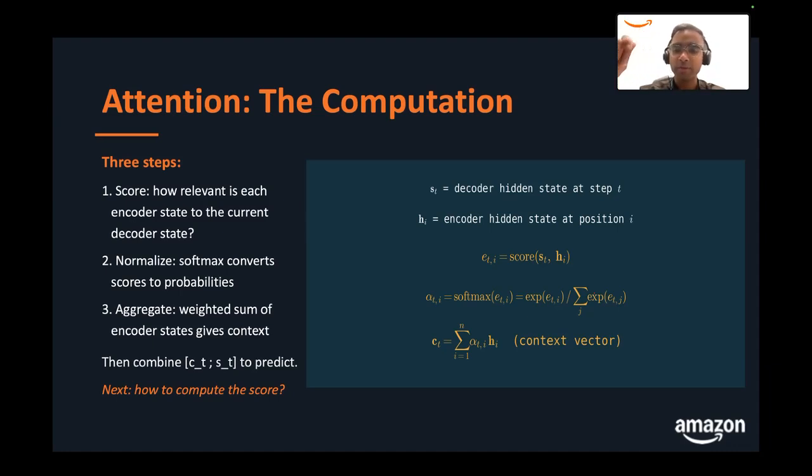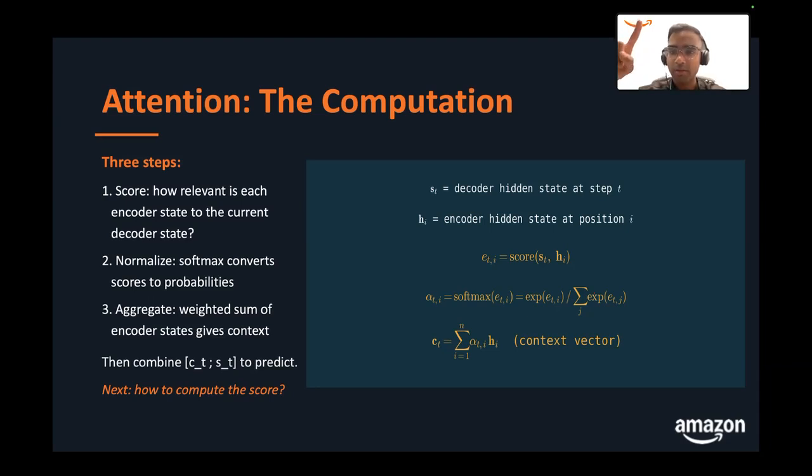We use these weights and take a weighted average of our encoder hidden state at every position for each and every time step t.